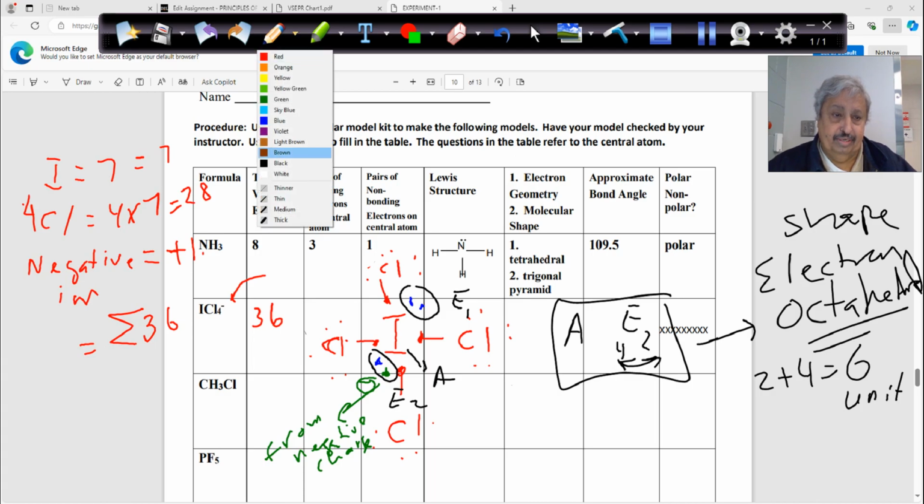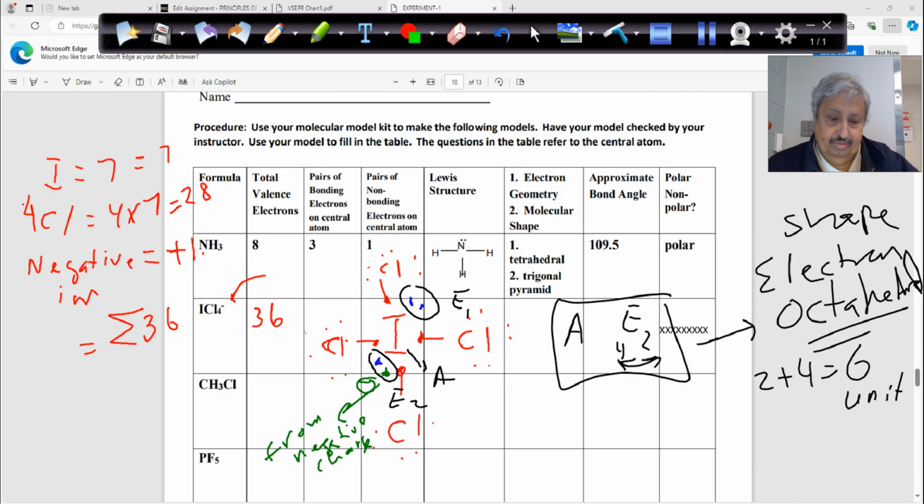So you have 4 X's here, and 2 lone pair sets, correct? So the electron geometry is 6 domains. You add them up, 2 plus 4, 6, is octahedral.